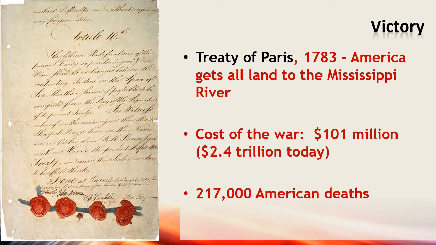So victory sounds really awesome for the title of this slide, and yay, Treaty of Paris and getting all this land. But wars have consequences, and it's important to remember that death and debt are two of the most important ones that every country must deal with in the aftermath of conflict.